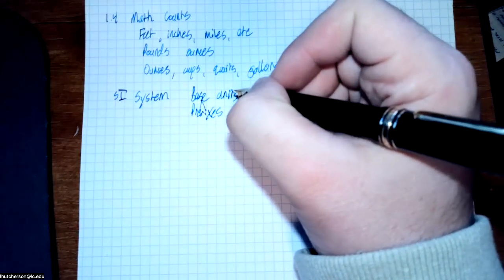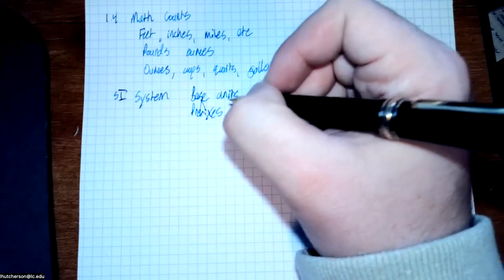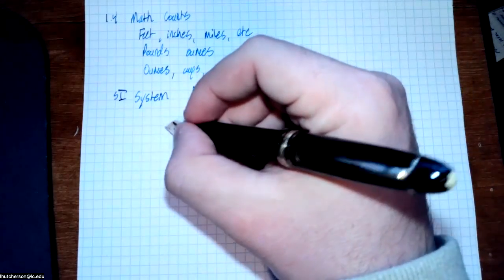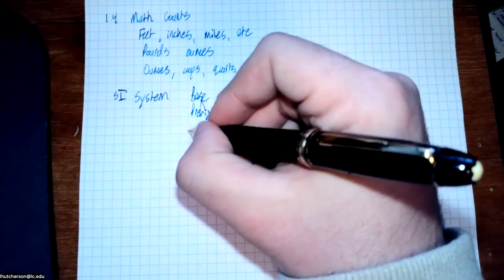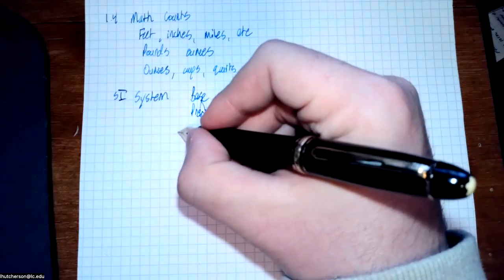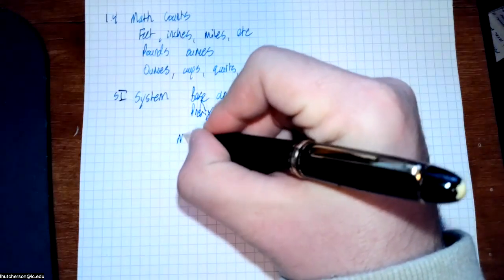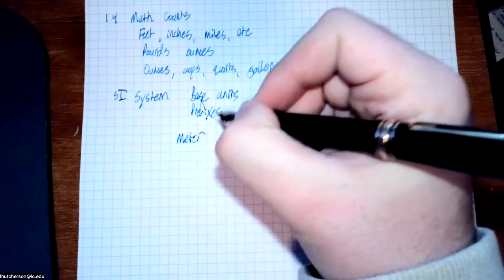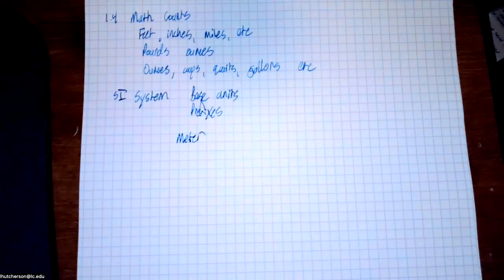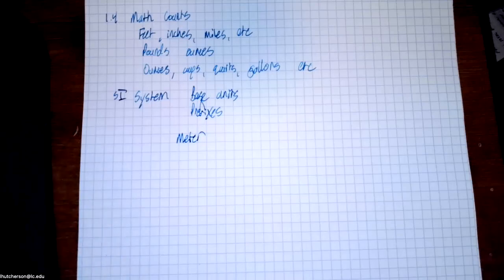And I'll flesh that out a little bit more and explain those by giving some examples. So in the SI system, our base unit for length is the meter. Now, how long is a meter? A meter is approximately 39 and a half inches. In other words, it's a little bit longer than 3 feet, or a little longer than 1 yard.